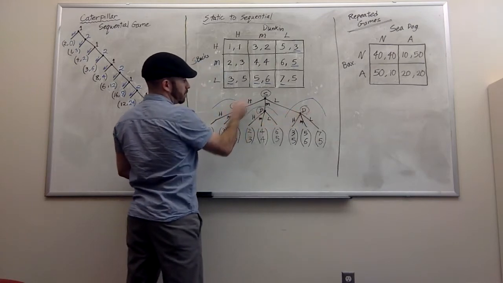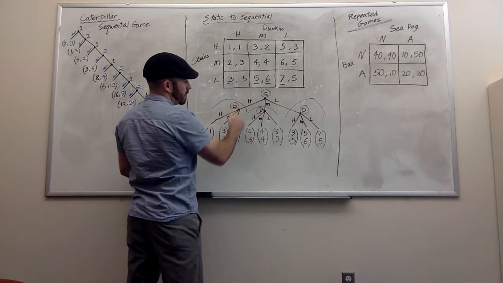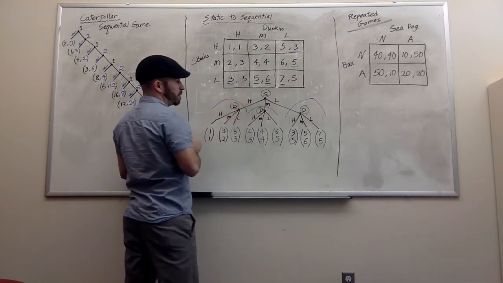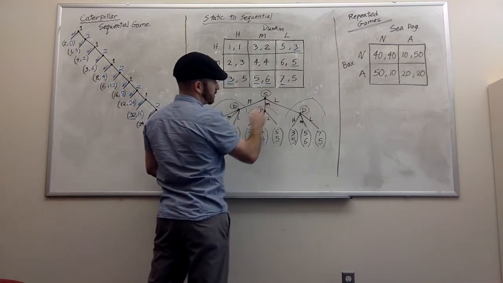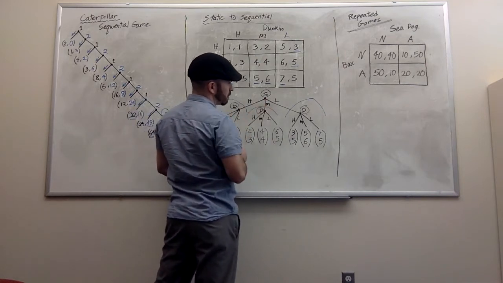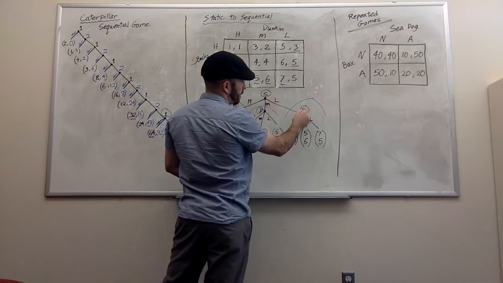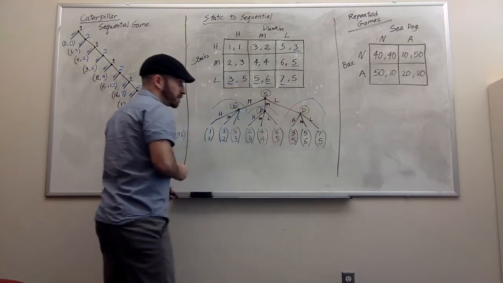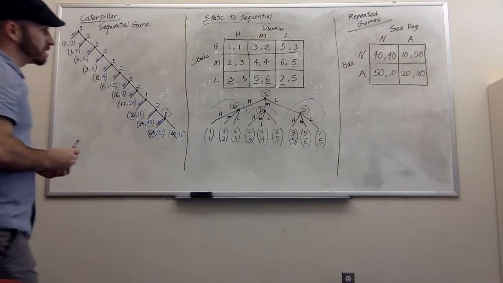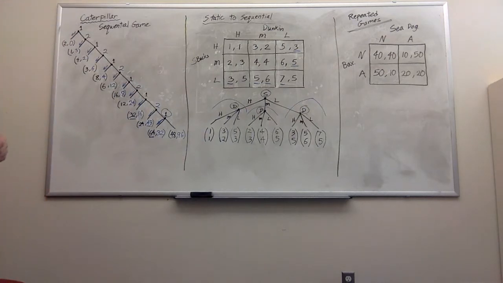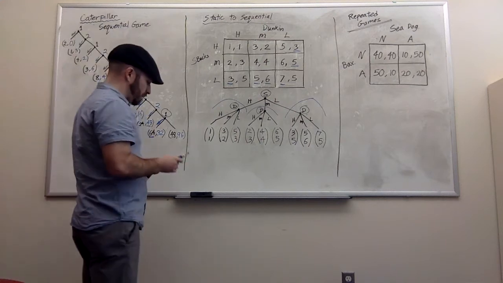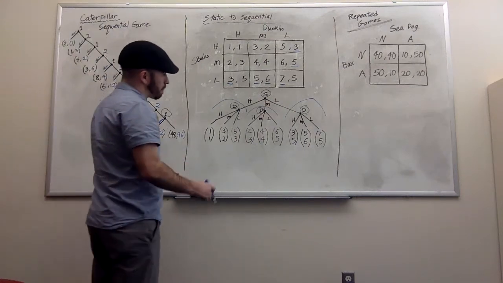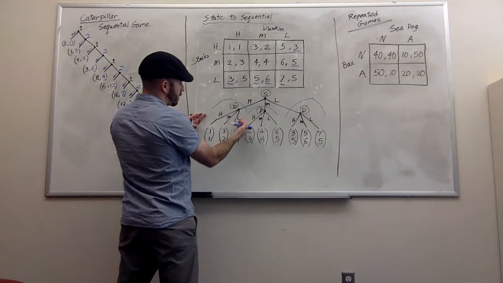One where what Dunkin's choice would be, given that it knows Starbucks has chosen high. Another one here, Dunkin's choice, given that it knows that Starbucks has chosen medium. And another one over here, it's Dunkin's choice, given they know that Starbucks has chosen low price.